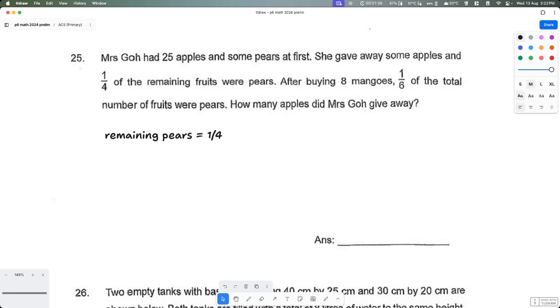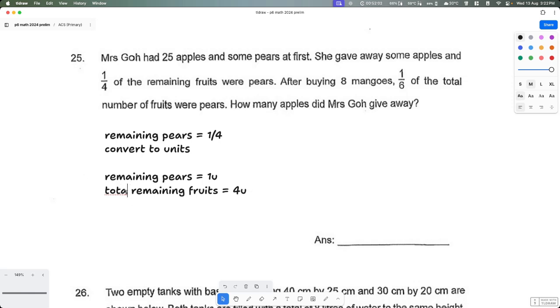So I want to convert to units. The remaining pears is equal to 1 unit, and the total remaining fruits is equal to 4 units.